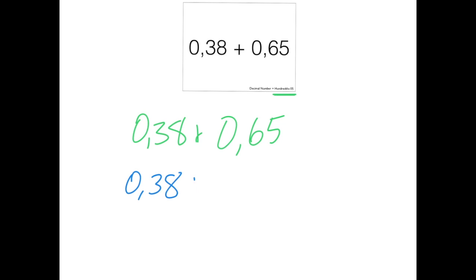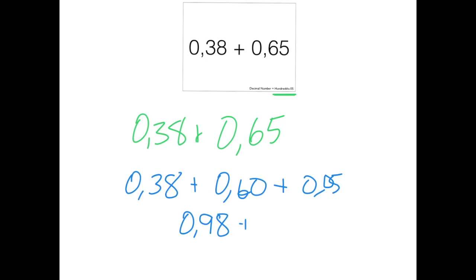So 38 hundredths plus 60 hundredths plus 5 hundredths. So 38 hundredths plus 60 hundredths gives me a sum of 98 hundredths. And then if I add an additional 5 hundredths, I get 103 hundredths.